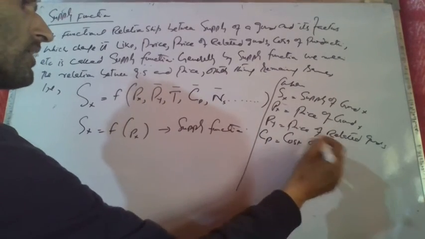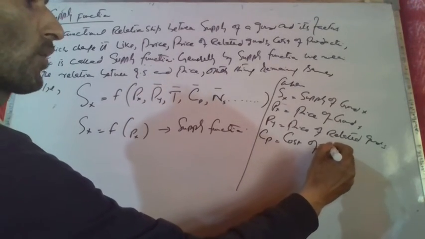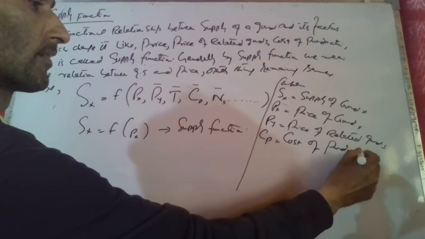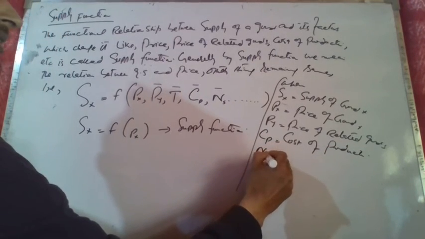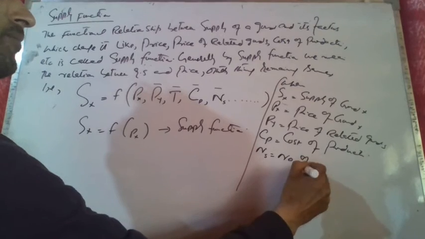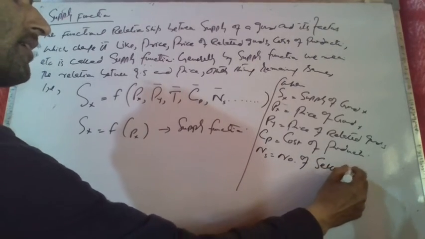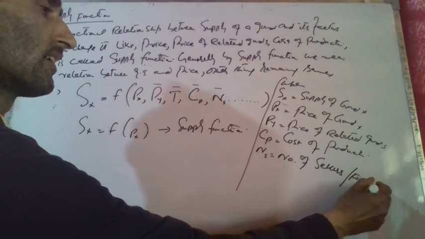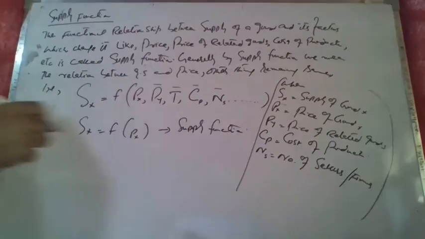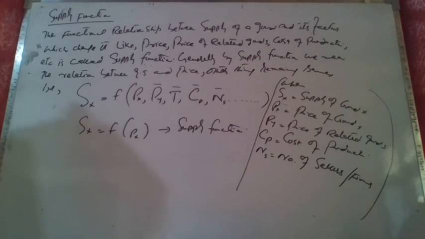So these are the factors on which supply depends. Cost of production. इसी तरह N, number of sellers in the market, number of sellers or firms. So जितनी ज़्यादा sellers firms आएंगे मार्केट में, उतना ज़्यादा supply होगी.